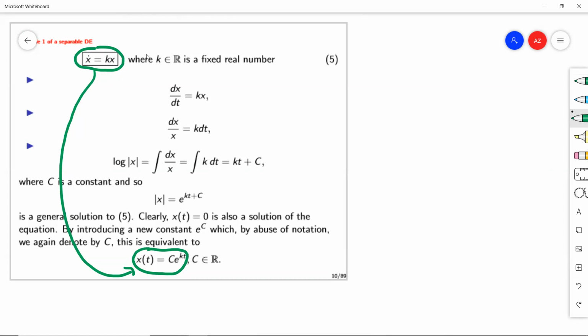If you remember from calculus how to integrate such a function, here we will be integrating 1 over x minus alpha times x minus beta.